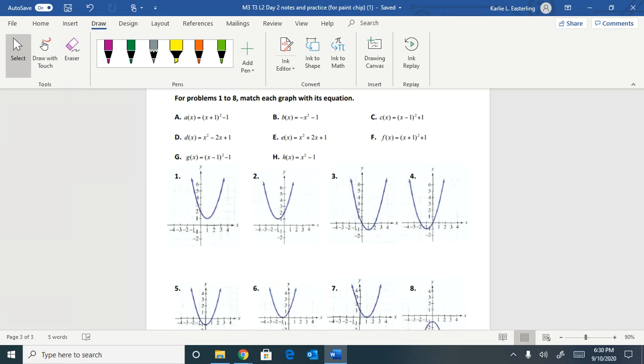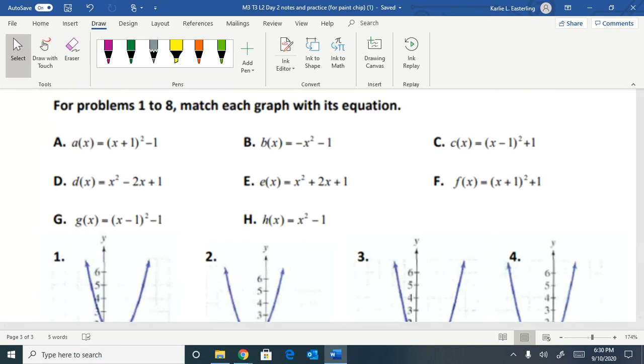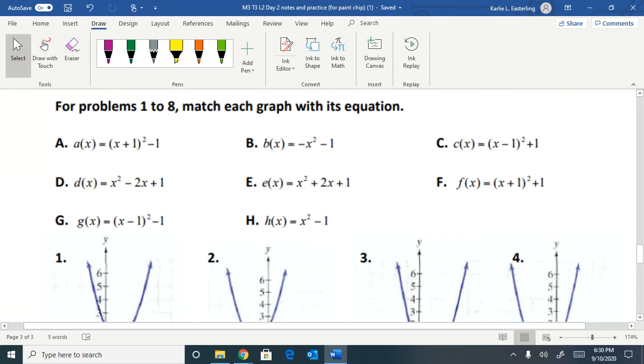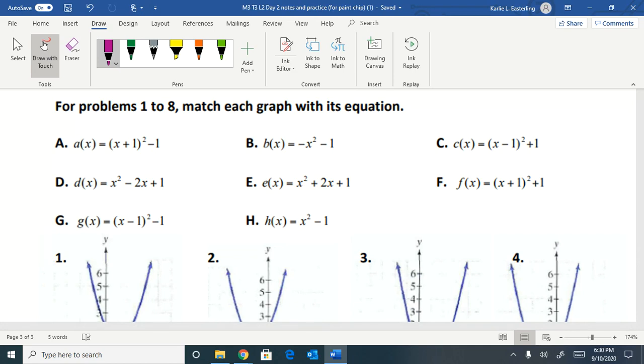So it's kind of the same thing. If we're looking at vertex form, I would probably just write down your vertex and go from there. Look for your vertex and determine if it is going to open up or open down, and that should answer the majority of our problems.